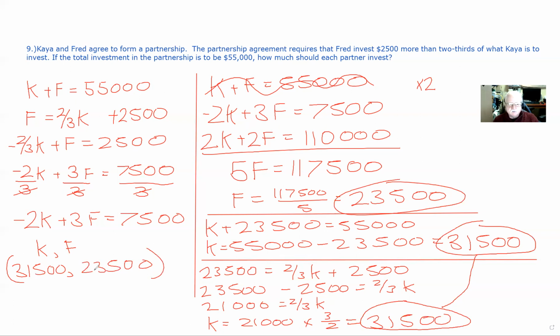So that would tell us how much each partner should invest. And if we were to solve this graphically, that's where the two lines would cross.